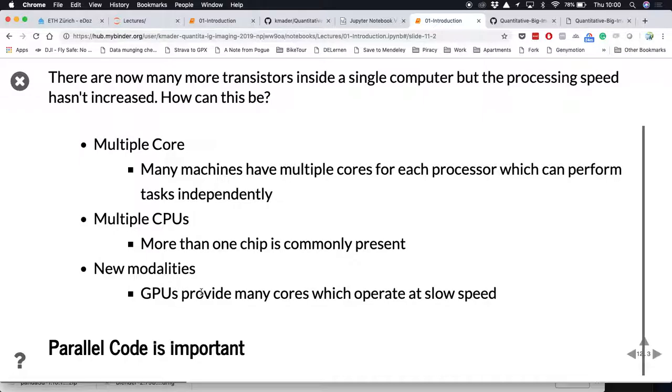So NVIDIA, AMD, Google are all spending a lot of energy developing new kinds of chips, which are in fact much slower than the processors that you have in your computers today, but they're capable of doing a huge number of things at the same time if you structure your problem in the right way.